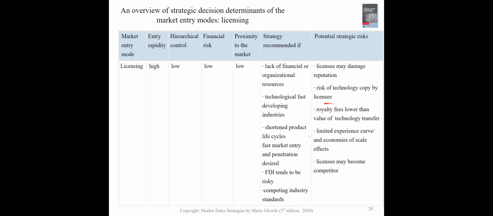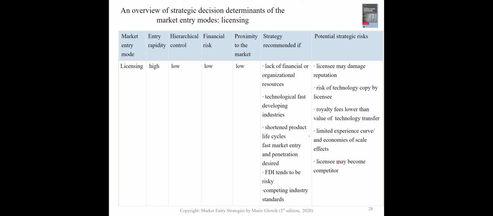And royalties may be lower than the value of our technology transfer. Everything is negotiable between licensor and licensee. So that's why we should think about the value of our own knowledge, which is naturally not always easy to set the price for.